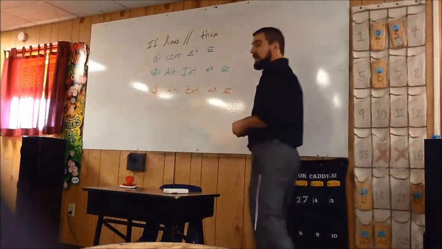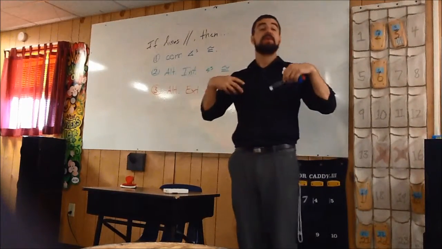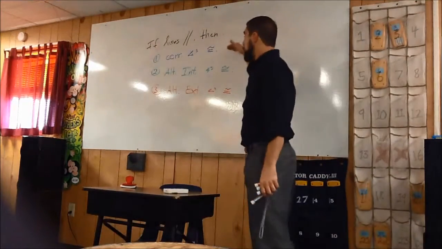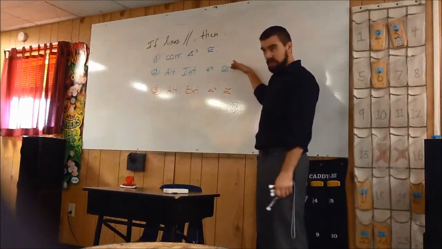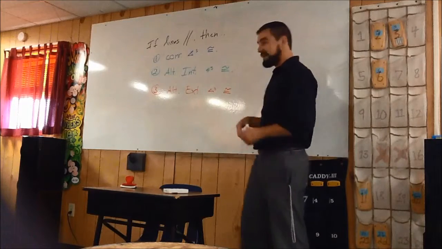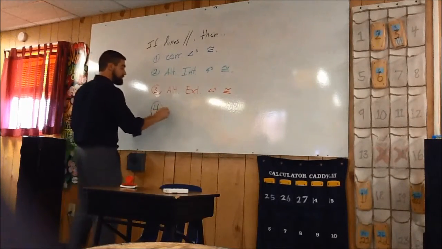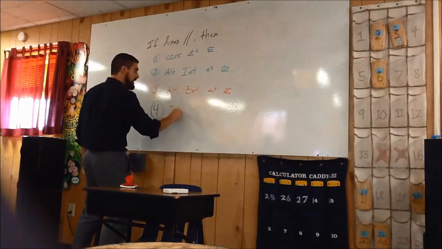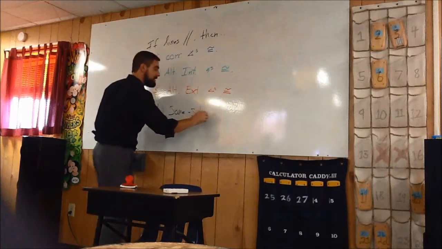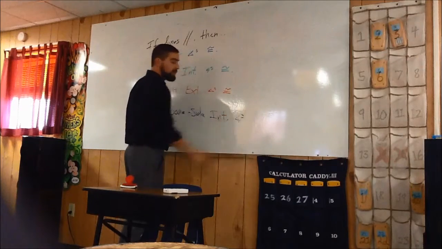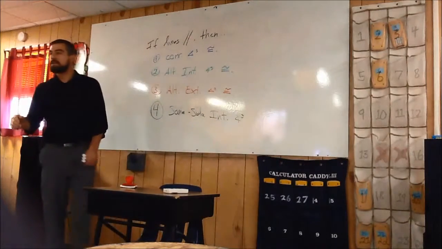So if you are given that lines are parallel, then you know corresponding angles are congruent, alternate interior angles are congruent, and alternate exterior angles are congruent. There's also a fourth thing you know. Same side interior angles, what do your notes say?